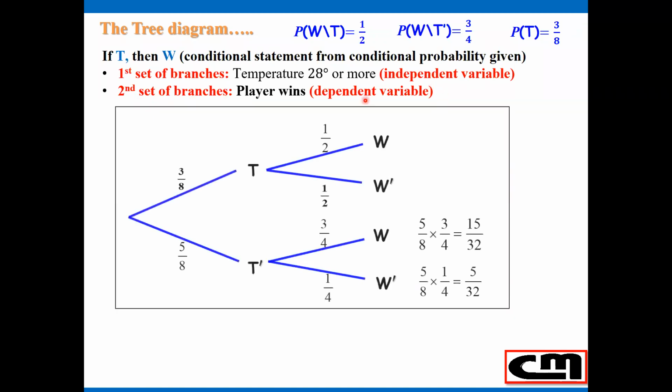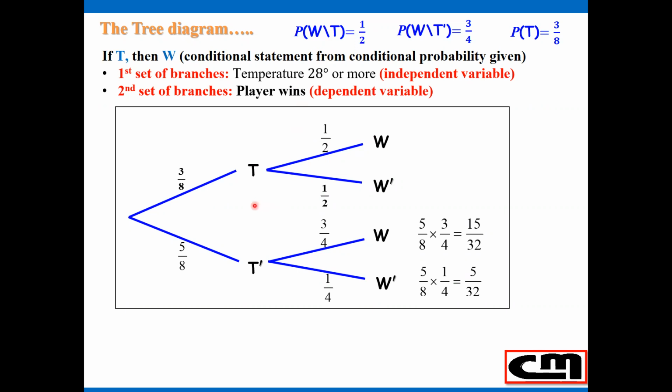Surely you are not going to fill up that tree diagram as shown here, right? So that's our independent variable, the dependent. So when we look at this, we are saying probability of W given that T has occurred. T has occurred, this is the W. That is what it means. Because this branch is coming from T to get our W. It's because T has occurred, then we get W. Not W, then T. It cannot be like that, right?